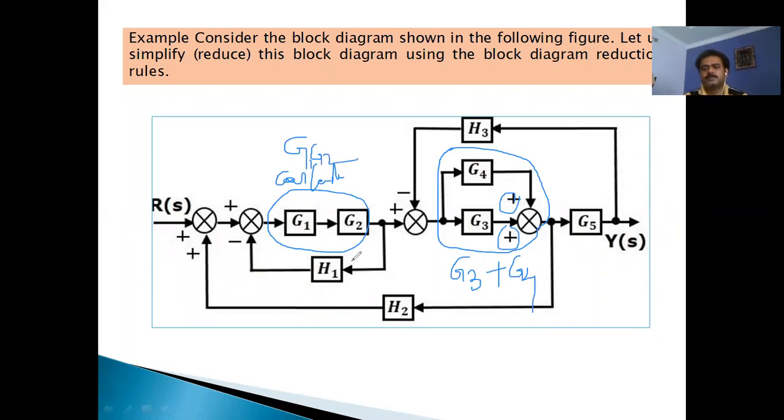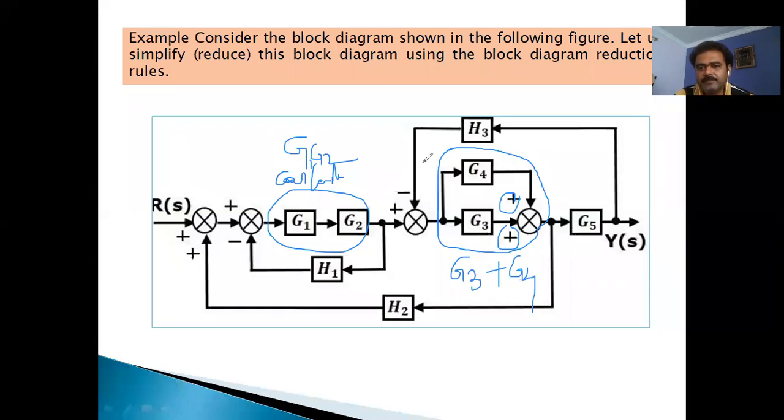The first rule is observing the series connected blocks, and similarly the second rule, parallel connected blocks. So here I have applied both rules. Rule number 1, that is replaced with G1 G2, and applying rule number 2, that is replaced with G3 plus G4.